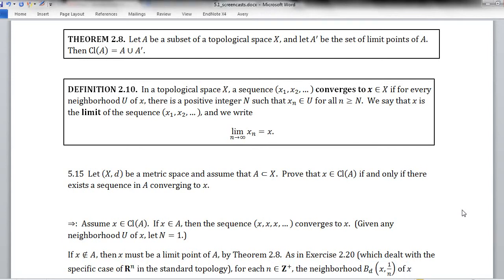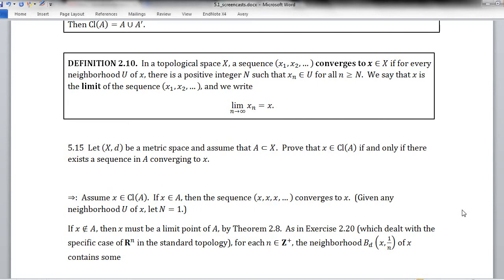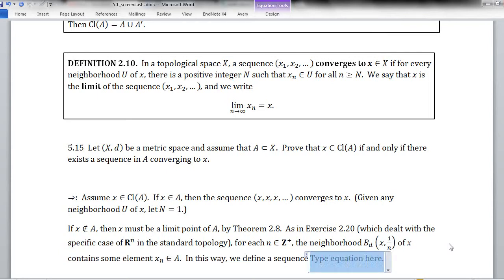That neighborhood of x contains some element x_n in A, because it's a limit point, so every neighborhood of x has to contain some element of A. In this way we have all these x_n's, one for every positive integer, so we have a sequence of them. So we define a sequence x_n in the set A.